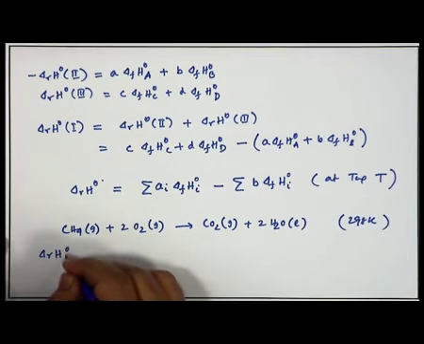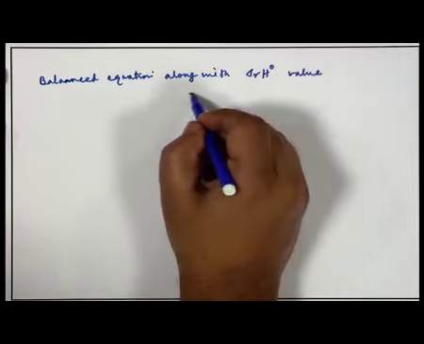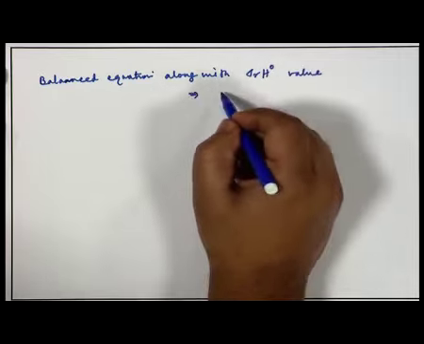Now, these equations where we write the balanced equation along with the delta RH values, we call this a thermochemical equation.